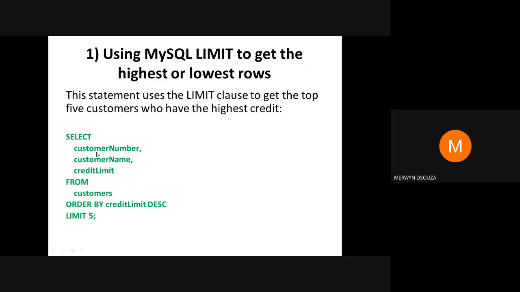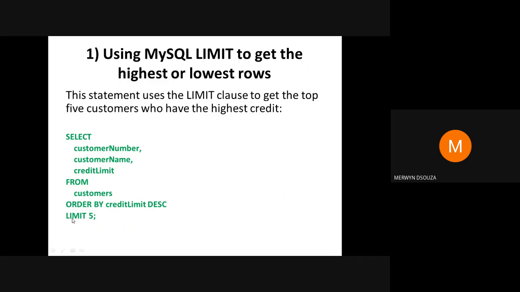So we could select the customer number, the customer name, the credit limit from the name of the table, that is customers, and sort the data. Since we want the highest, we sort the credit limit column in descending order. We want the top 5 customers who have the highest credit.